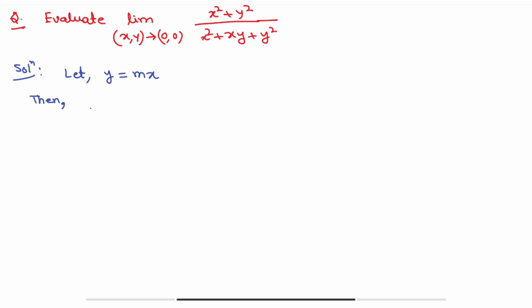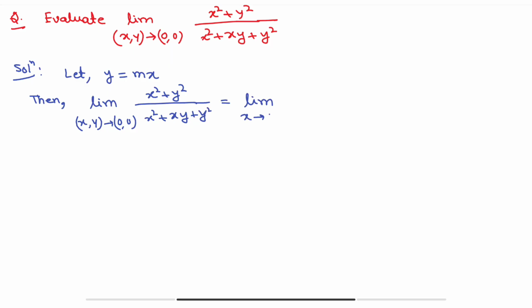So if let y equals mx, then limit x comma y tends to 0 comma 0 of x square plus y square divided by x square plus xy plus y square is equal to limit x tends to 0 of x square plus m square x square divided by x square plus m x square plus m square x square.